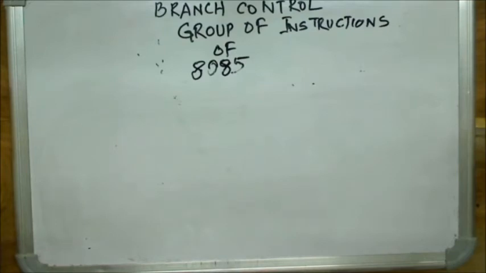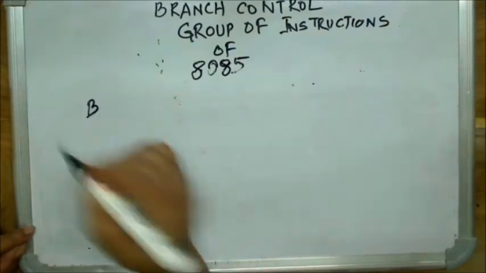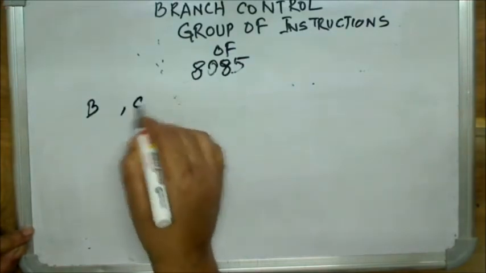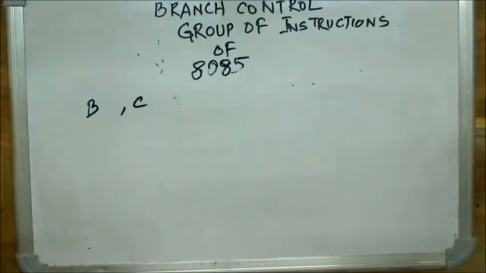In the first example, I have put the counter in register B. In the second example, I have put the counter in register C. I have written JNZ. JNZ means jump if not 0.